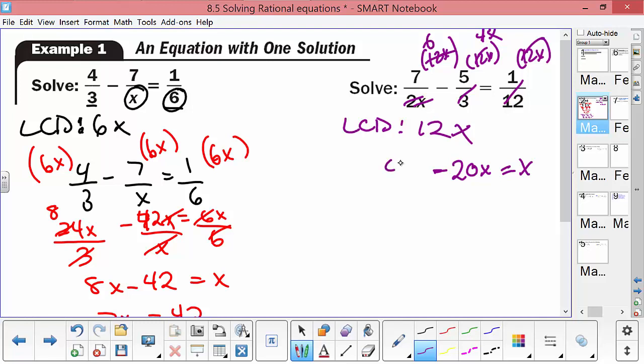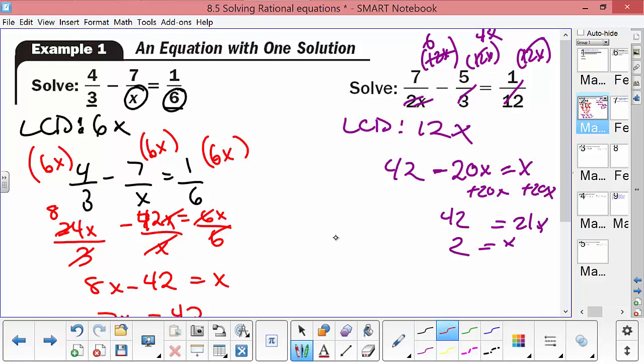So we end up with 42 minus 20x equal to x. I'll bring my 20x over. Get 21x is equal to 42, so x is equal to 2.